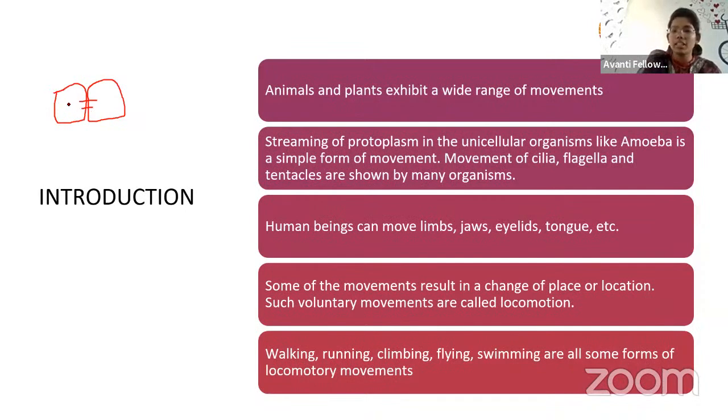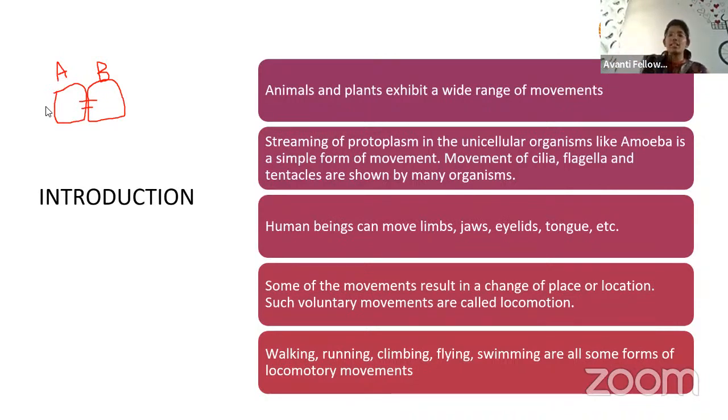So obviously the cytoplasm present in cell A will be moving to the cytoplasm present in cell B. Now can I call it a movement? Yes. So this is why we say movement is not restricted only to the animals. Movement can be seen in all the organisms.